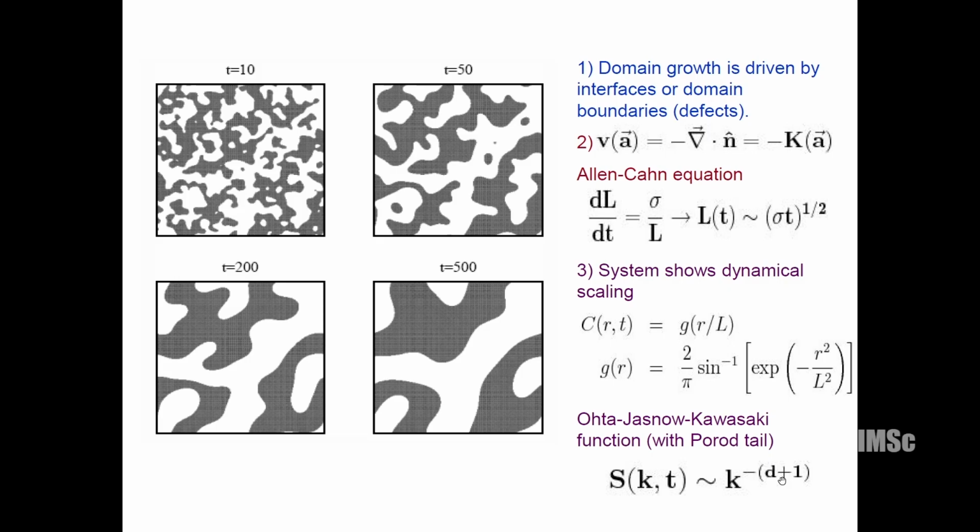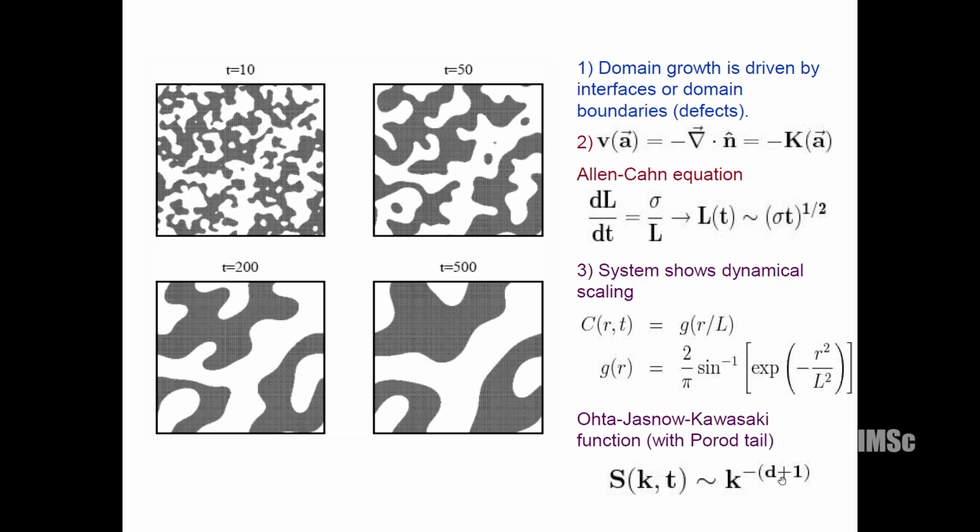No, L is the characteristic domain size. No, this is for an infinite system. The system size is not in here. So, L is the characteristic domain size, and the time dependence comes only through L's dependence on time. There is no independent dependence on time. That's the key point of having a scaling variable.